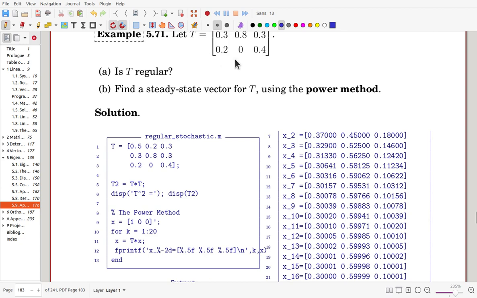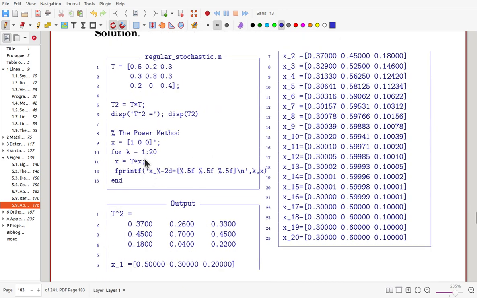Okay, T is given here, and we implement this matrix T, and we try to get T squared and print it out. Now we try to apply the power method. Just apply T again 20 times. For T squared, we have this matrix. So every entry is now positive, so the given matrix T is regular.